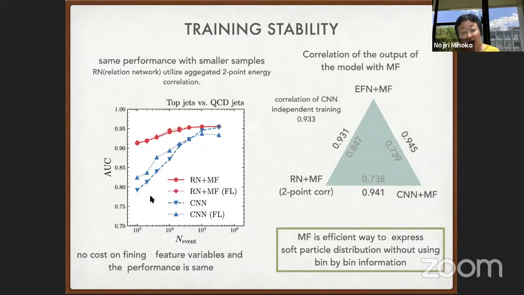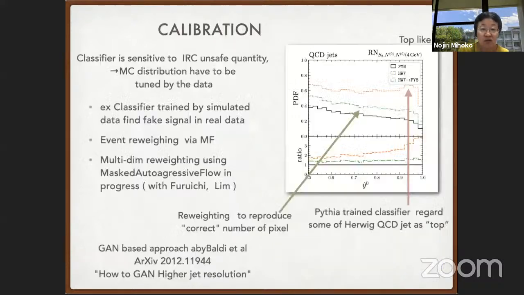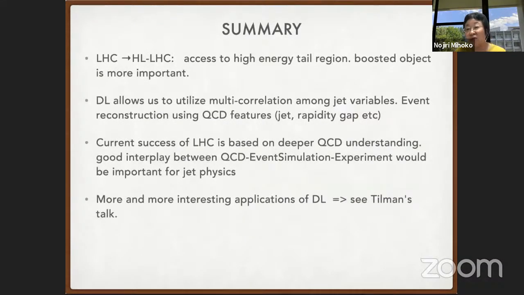So if you want to study some anomalous feature in real data, there will be a certain merit to using this kind of thing together with the IRC safe information to save both time and the stability of the classification. Because it is very close to the end, I want to summarize my talk.